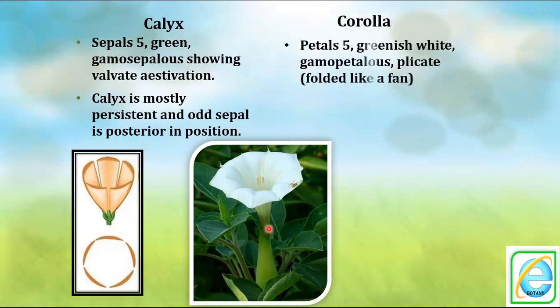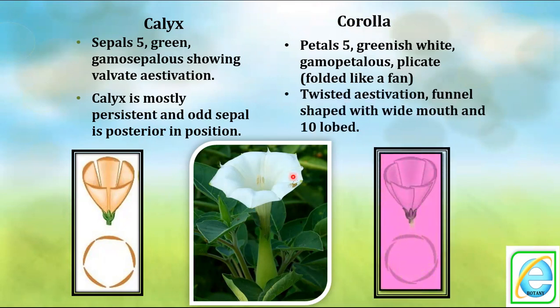The corolla. Corolla is nothing but the petals. Petals are 5, greenish in color or white in color. Gamopetalous, they are united, and when folded, it looks like a fan. Here the petals show twisted aestivation.